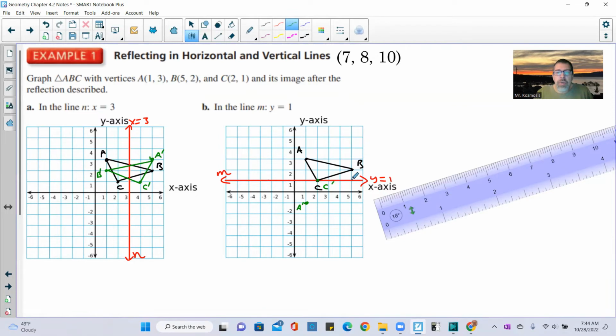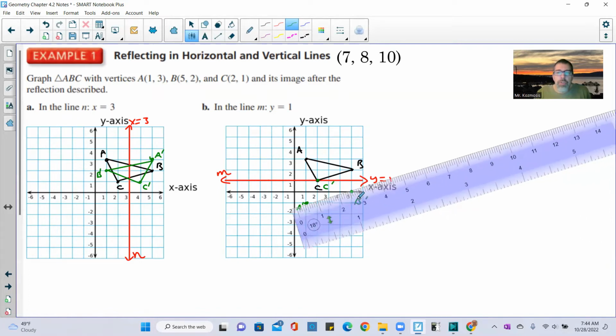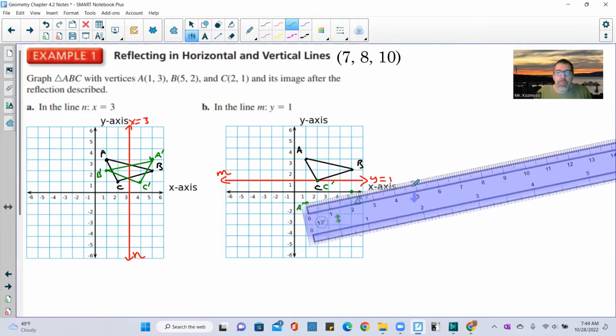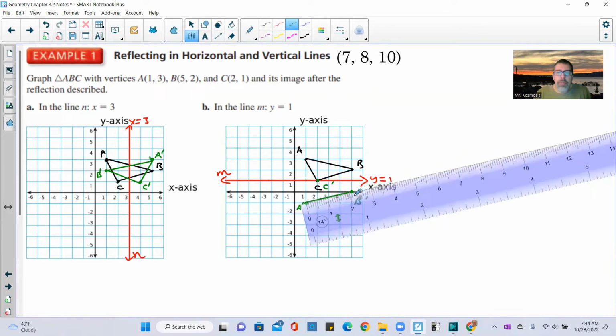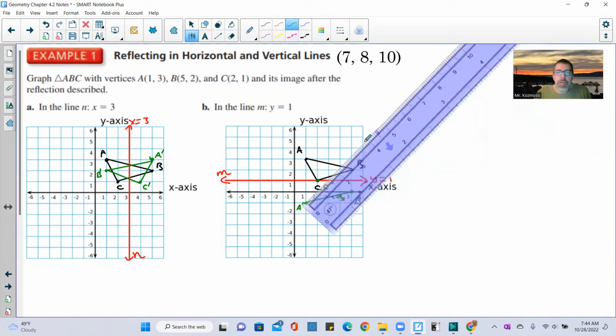And then B is down 1 to get to the line. So down 1 to get to the other side of the line, the same distance away. So this is B prime. So now I'm going to draw my line segments. A prime B prime, I mean.